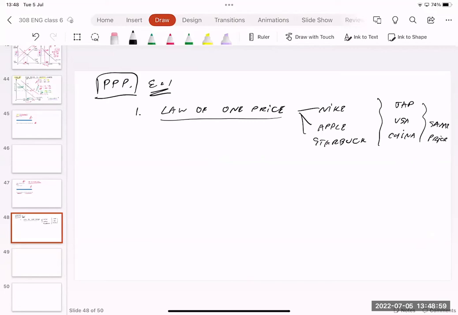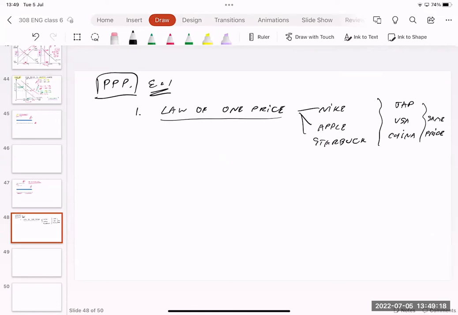It's not exactly the same, but it's really close, let's say. This is what they try to do. We call it the law of one price.